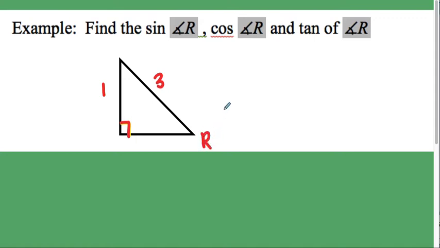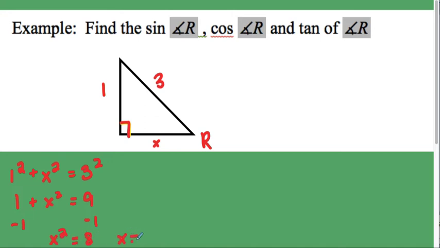All right. The first thing that we have to do when we deal with a triangle is if we're given 2 sides, we have to use the Pythagorean theorem to find the third side. So I'm going to do that. So I'm going to do 1 squared plus, we'll call this x, plus x squared equals 3 squared. So 1 plus x squared equals 9. We're going to subtract 1, giving us x squared equals 8.